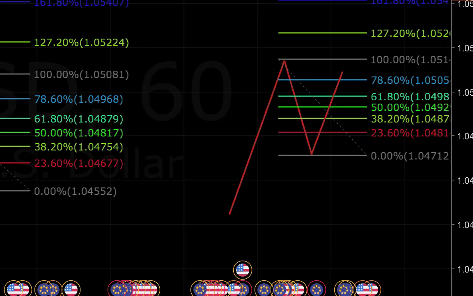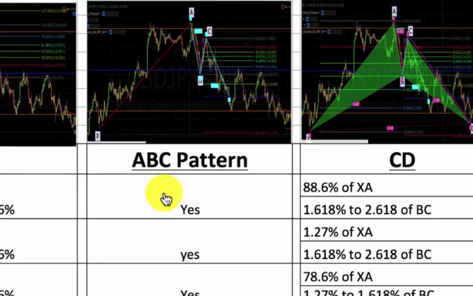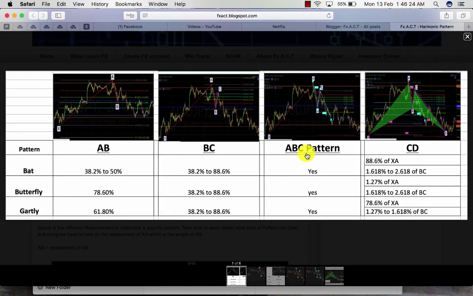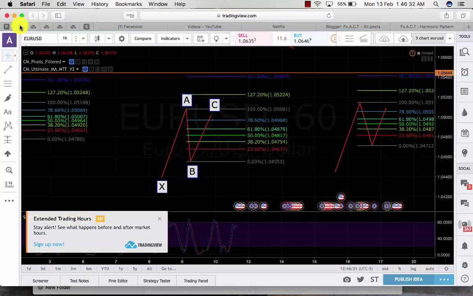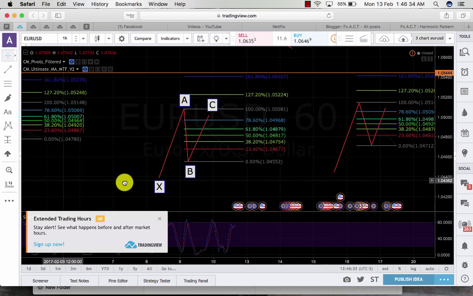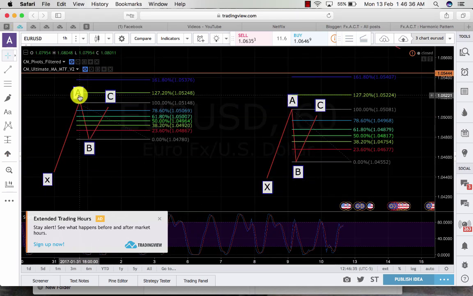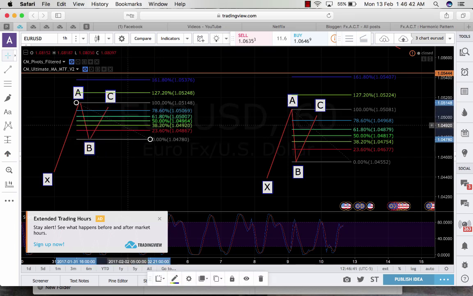The next we're going to find is the ABCD pattern, for it is the number one requirement on all patterns that they will have an ABCD pattern. So when we talk about ABCD, since we already have the BC, let's go for the bat.